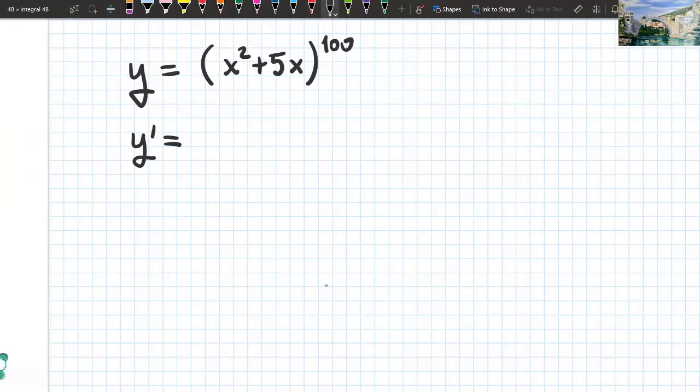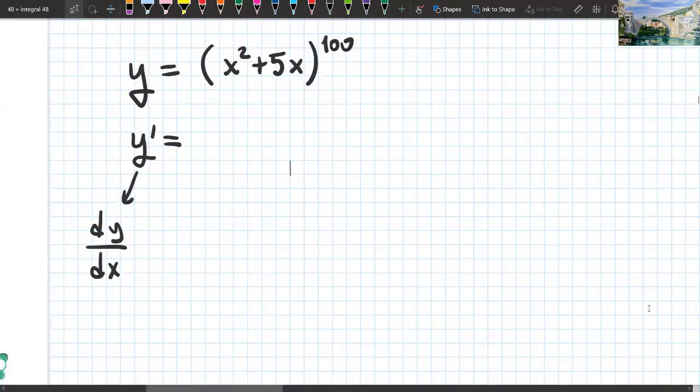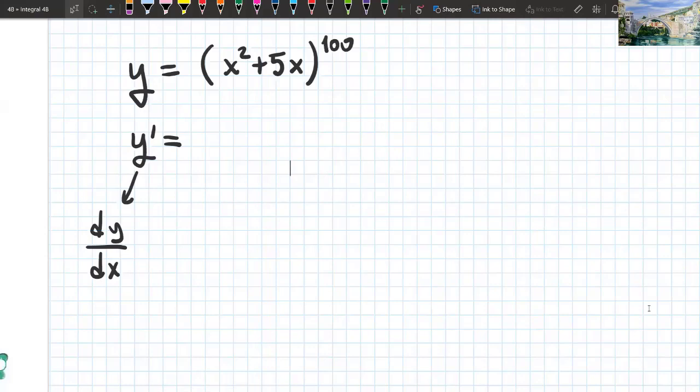On the right hand side we have a complex function. We have two functions there. One of them is the inside function. The second one is the power function, 100. So y prime means dy over dx.